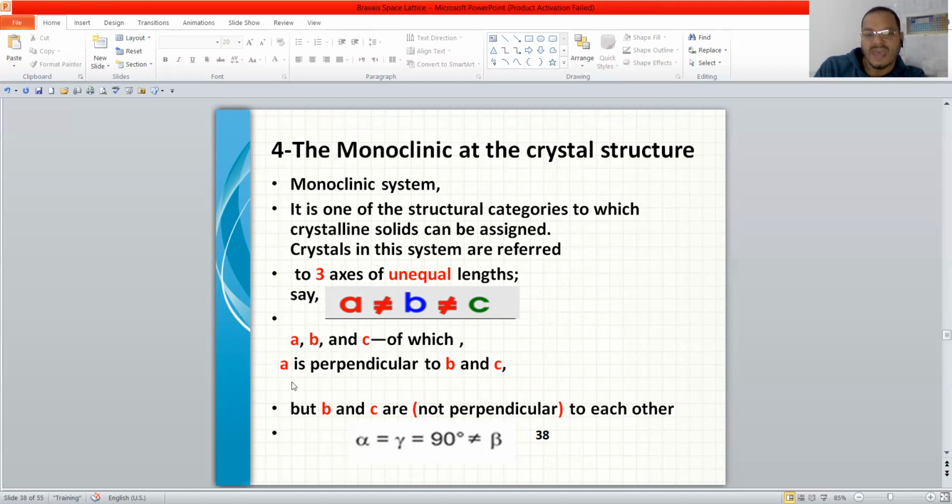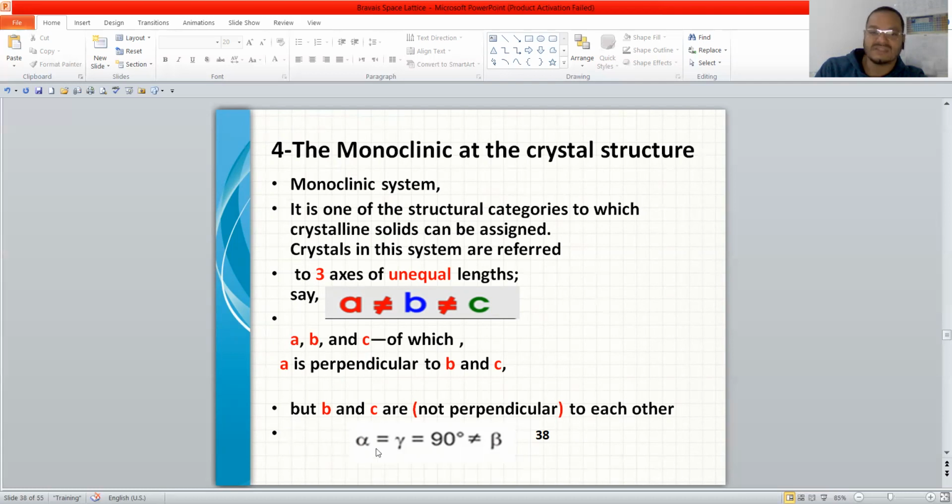Here, A is perpendicular to B and C, but B and C are not perpendicular to each other. What does that mean? That means the angle between A and B and between A and C will be 90 degrees, but between B and C, because it's not perpendicular, will not equal 90 degrees.